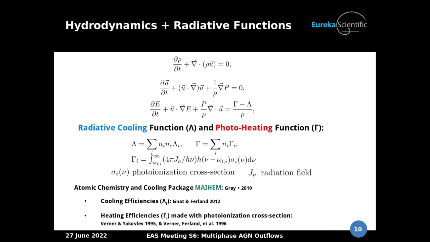And here you see the fluid equations which are used for my hydrodynamic simulations, coupled to a radiative cooling function calculated using cooling efficiency, and a photoheating function calculated using photoionization cross sections.